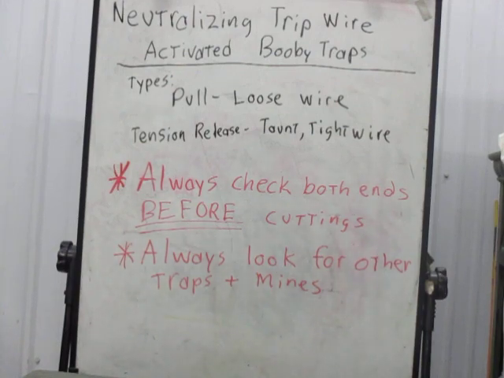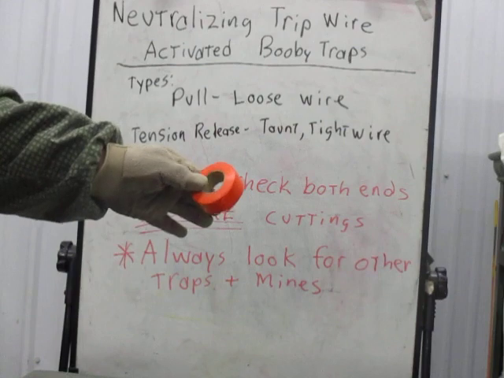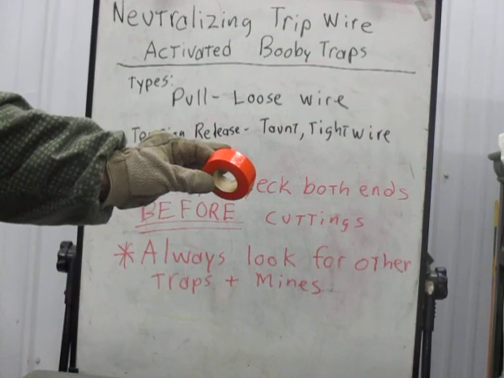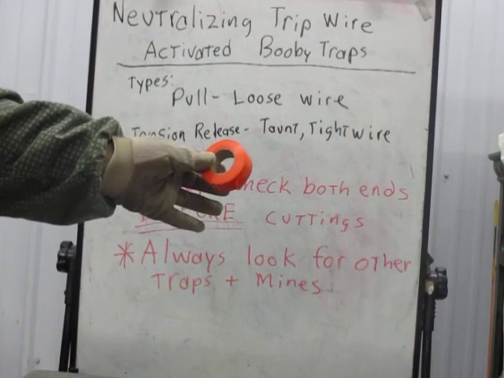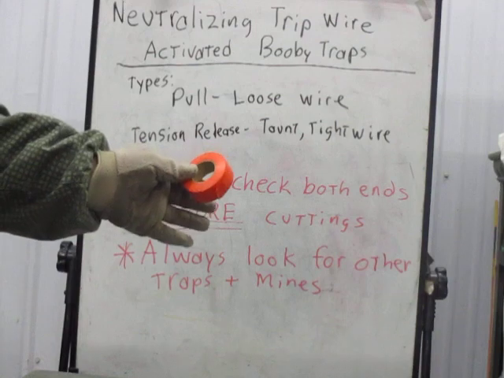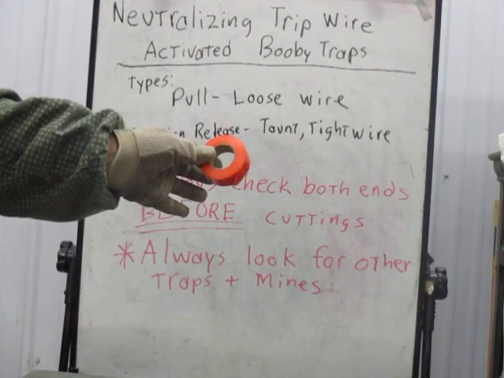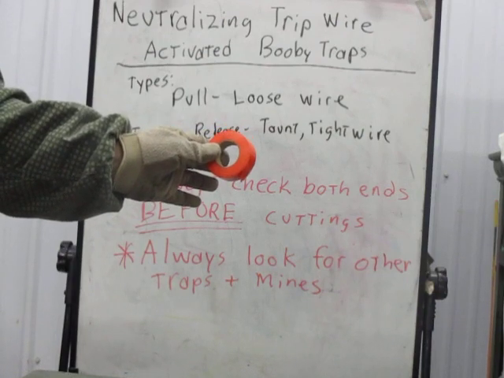One of the best means that I found for marking a tripwire is just your orange hunter's trail marking tape. Break off about a 1 foot to 1.5 foot piece of this. It's really lightweight. You can drape it over the top of the tripwire to show people, hey, there's a tripwire here. Do not move ahead until you're told to.